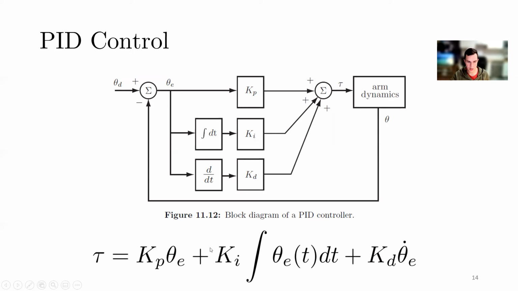This is the equation. So if we want to compute the torque which needs to be applied to the robot, we need to take the proportional coefficient and multiply it with the error. Then we need to take the I component coefficient, multiply it with the integral of the error, and the last one is the D component coefficient, multiplied with the derivative of the error, and we will get the torque which needs to be applied.